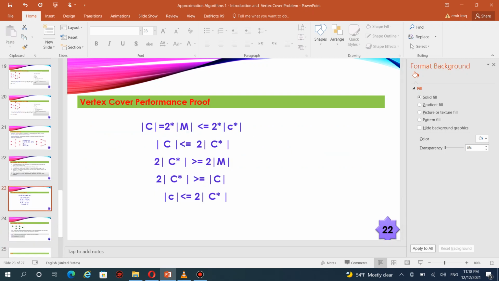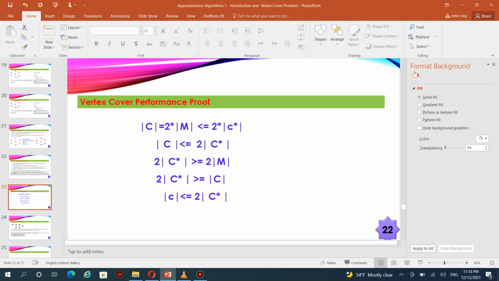We will complete this on the next slide. We see the size of C is equal to 2 multiplied by M, which is less than or equal to, this is our formula from the previous slide.